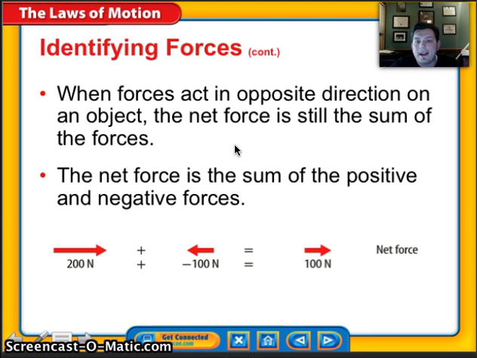It's like 200 minus 100. So you end up having 100 newtons. If you have 200 newtons pushing to the right and 100 newtons going to the left, it partly cancels out, but you still have a positive direction. So it's still 100 newtons to the right, just like the arrows are showing you.